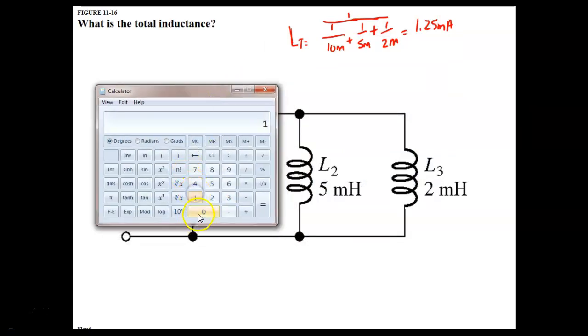So 10, reciprocal, plus 5, reciprocal, plus 2, reciprocal, and then what people will do is hit the reciprocal key again without hitting the equals. So that's the problem with that formula right there.